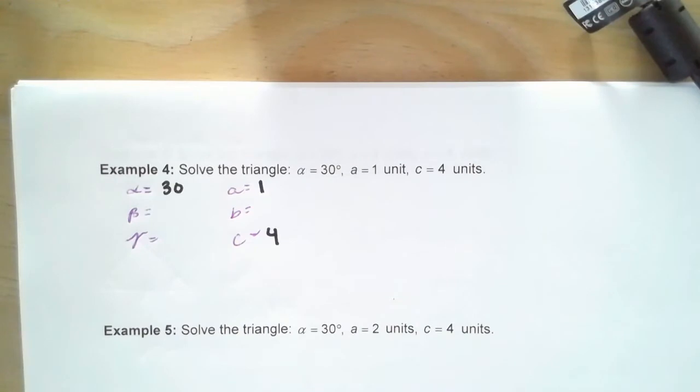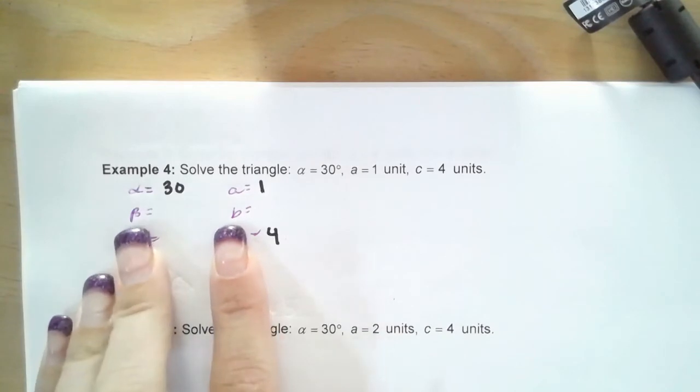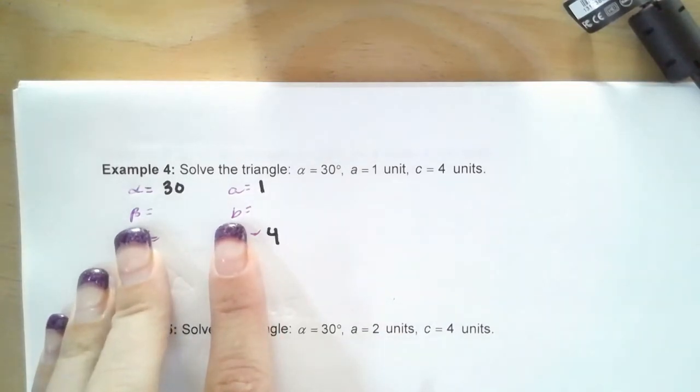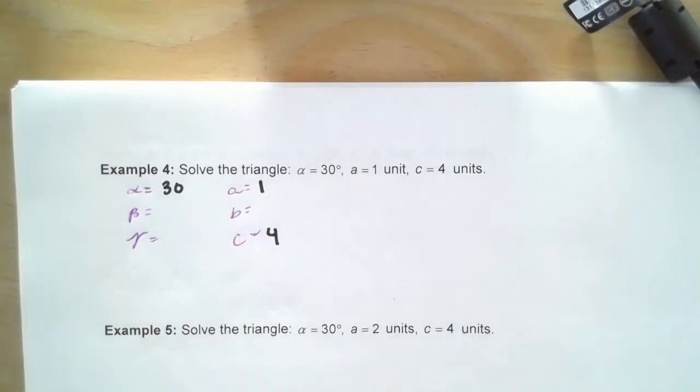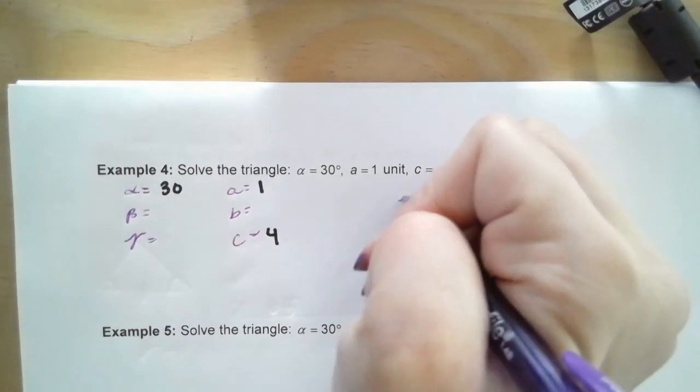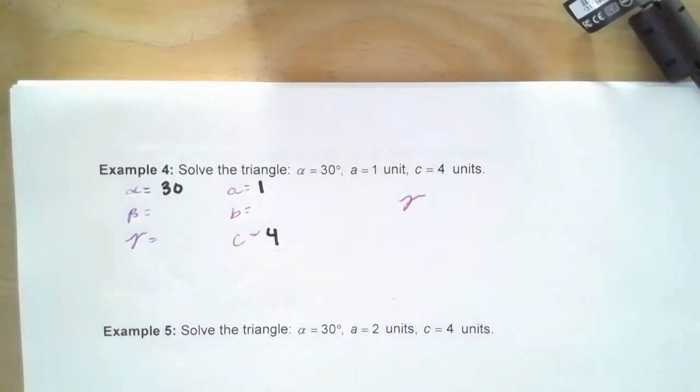Okay, so if we look at what's given to us right now, the first thing we're going to have to do is solve for the missing angle to make another pair. Which are we going to solve for? Well, we can't solve for B or beta because we would have two variables in there. So we must solve for gamma. Remember I said whatever you're solving for, put into the numerator. We're solving for gamma.